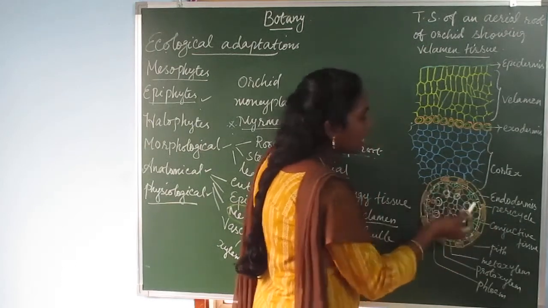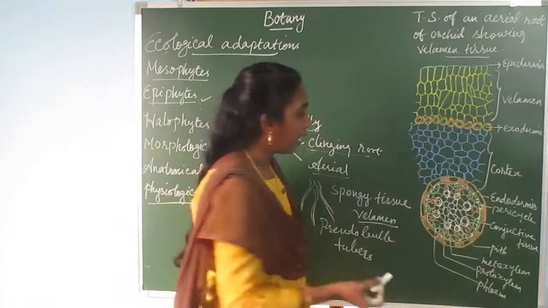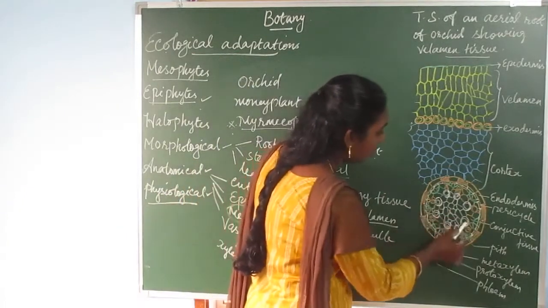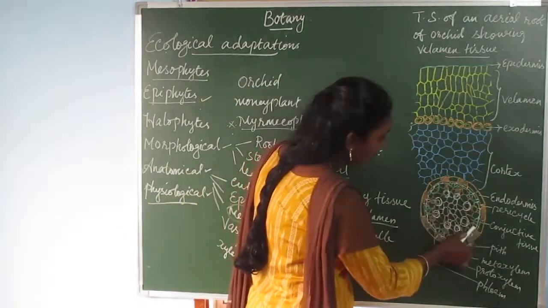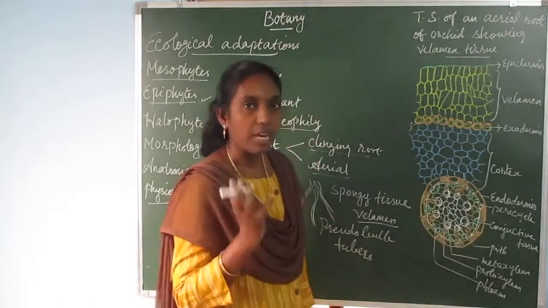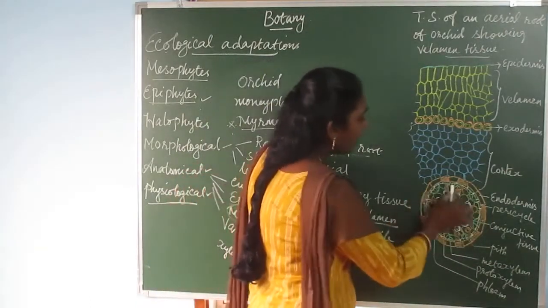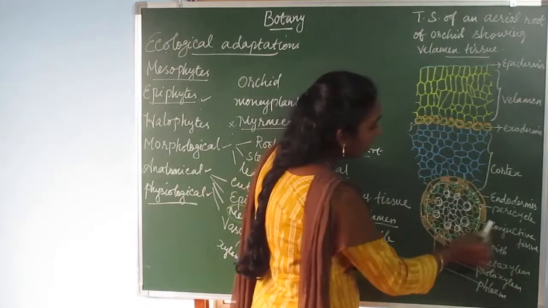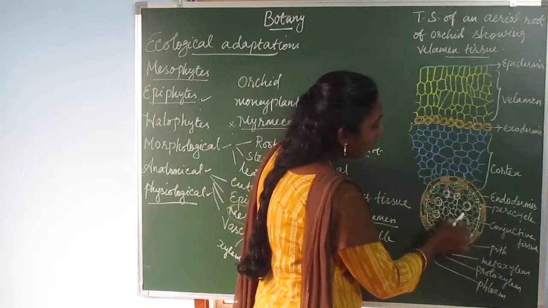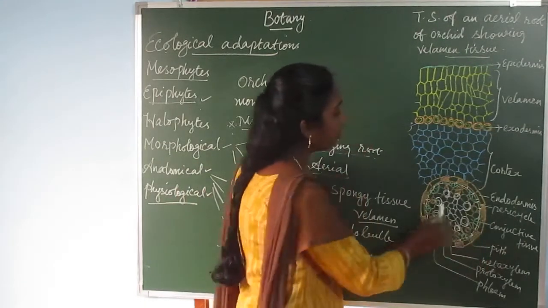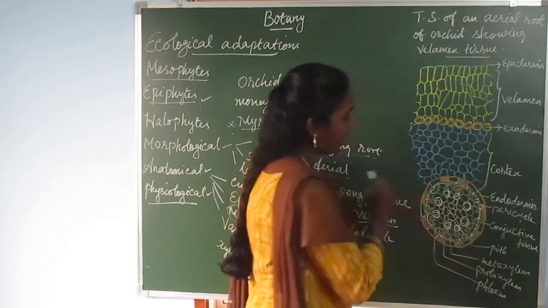Inner to this, the xylem and phloem are arranged alternately. These are the xylem vessels and these are the phloem. This is the vascular tissue arranged alternately, and the xylem and phloem are connected by conjunctive tissue. Inside there is a pith.